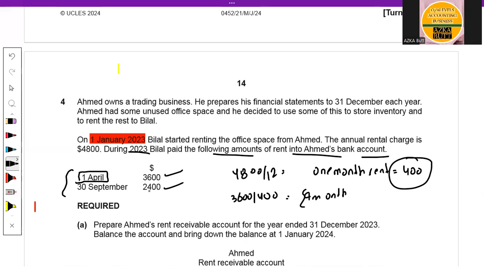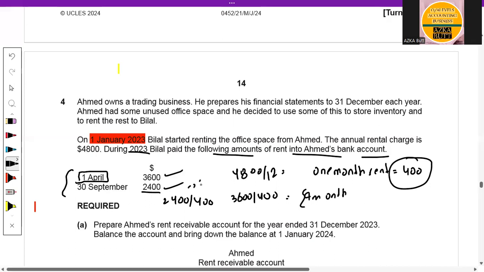And on 30th September, he paid again 2,400. So 2,400 divided by 400, it means that he paid 6 months payment. From January to September, it became 9 months: January, February, March, April, May, June, July, August, September, 1, 2, 3, 4, 5, 6, 7, 8, 9.